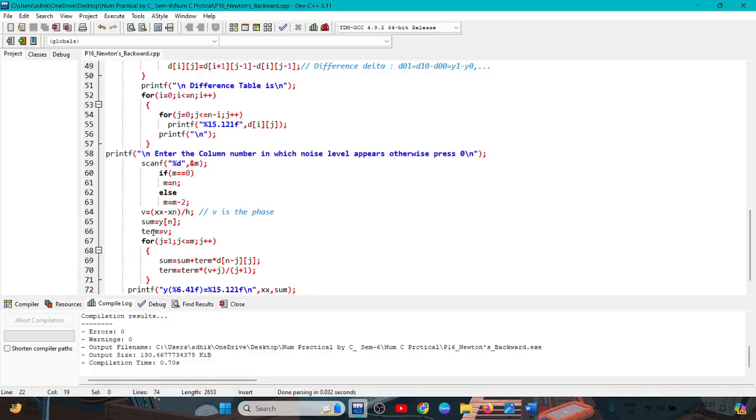Sum equal to yn, term equal to v, and for j equal to 1, j less than or equal to m, j plus plus: sum equal to sum plus term into d[n minus j][j].